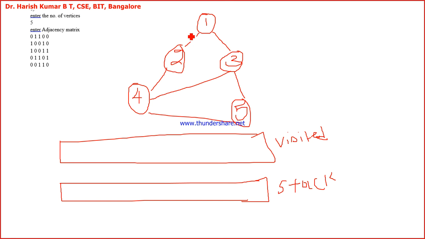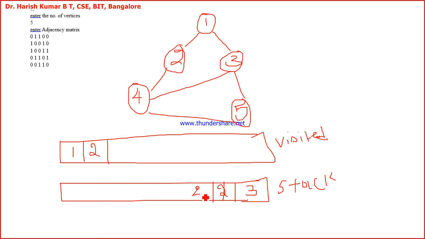Now here, 1 I'll add to the visited list. Now 2 and 3 are the adjacent nodes. I'll add 3, and then I'll add 2. Next I visit 2. So 2 is popped from the stack, and adjacent nodes to 2 are 4 and 1.